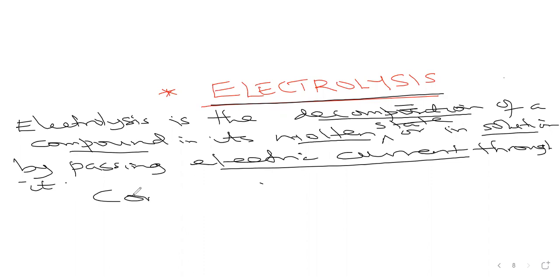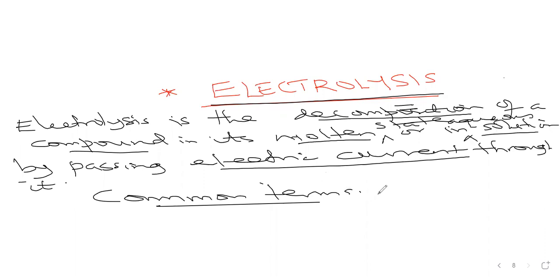What are the common terms we use in electrolysis? So the key words here are decomposition, molten state or aqueous solution, and then passing electric current through it. First of all, we have been looking at the term electrolyte.